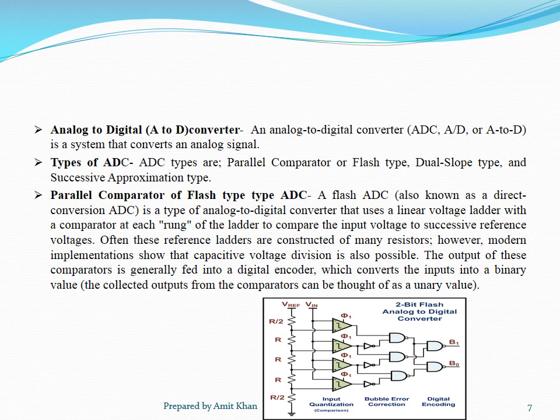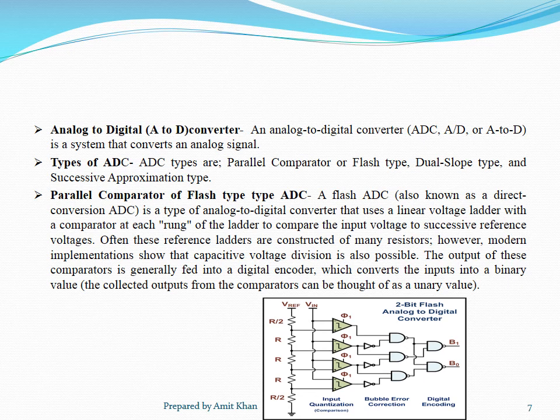The flash type ADC, also known as direct conversion ADC, is a type of A to D converter that uses a linear voltage ladder with a comparator at each rung of the ladder to compare the input voltage to successive reference voltages. Often these reference ladders are constructed of many resistors, but in modern implementations capacitive voltage division is also possible.